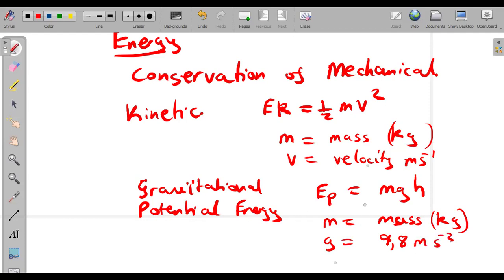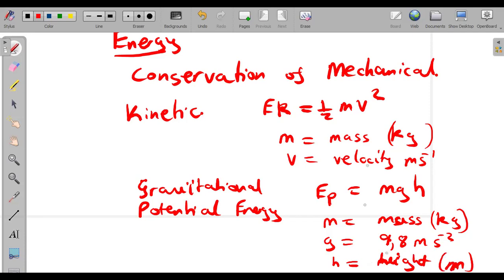That's the gravitational acceleration. Then h is the perpendicular height, which means it is representing the height of an object above the Earth's surface. That's h, and it is measured in meters. So that's the height in meters.